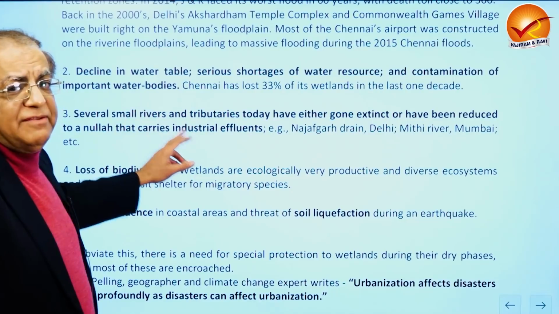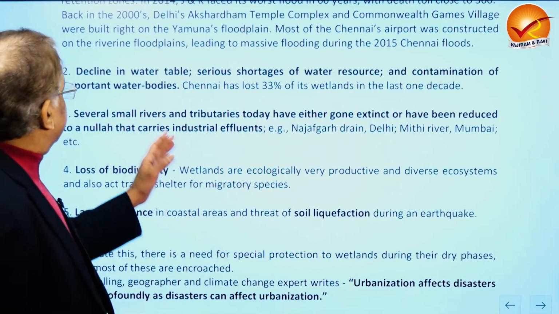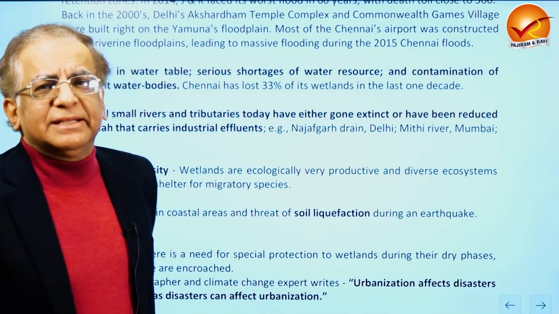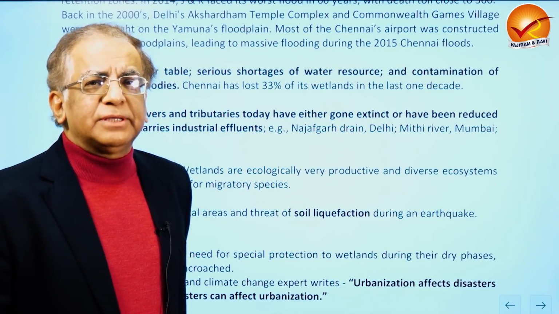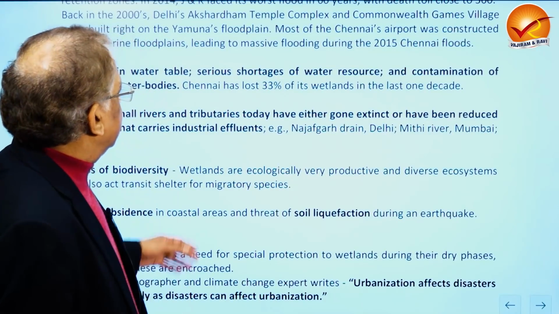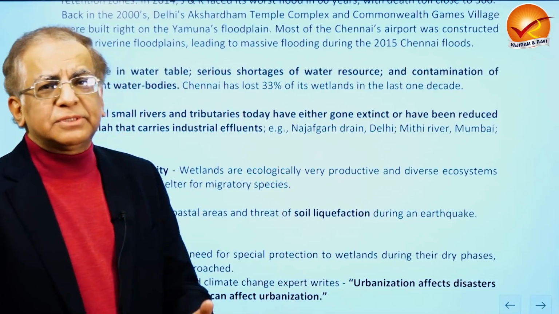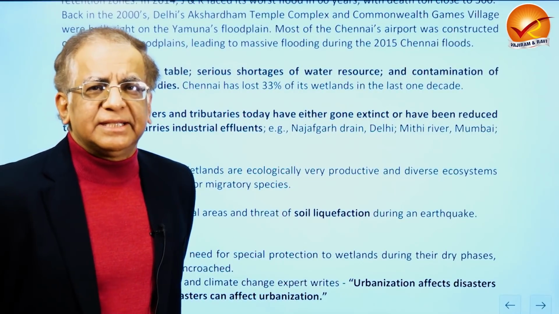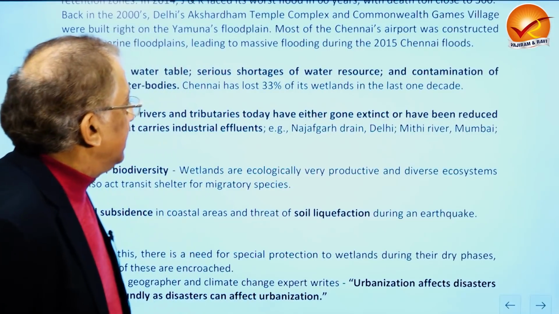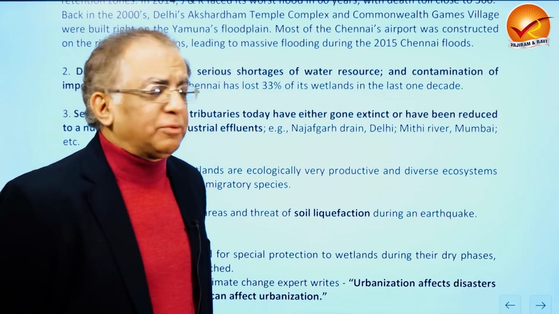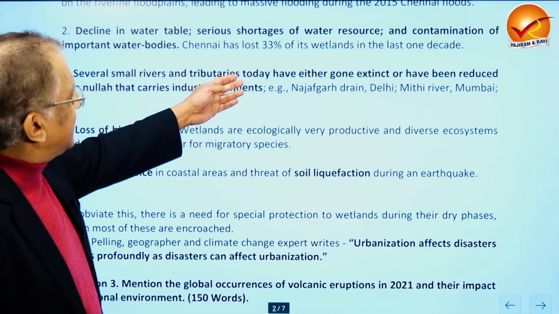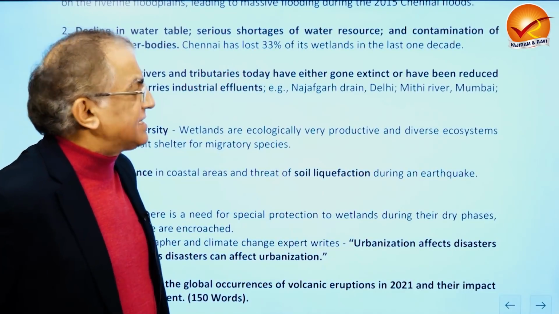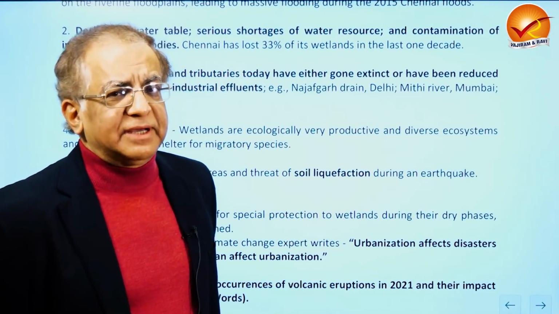The second environmental implication is the decline in the water table in a city because of reclamation of these water bodies. There are shortages of water resources, and you hear about this in a city like Chennai on a large scale. Then you have contamination of these water bodies. Chennai has lost, as per one estimation, 33% of its wetlands in just the last decade.